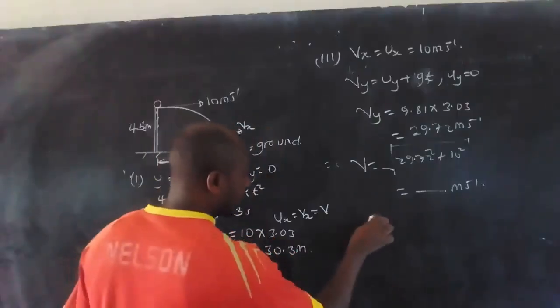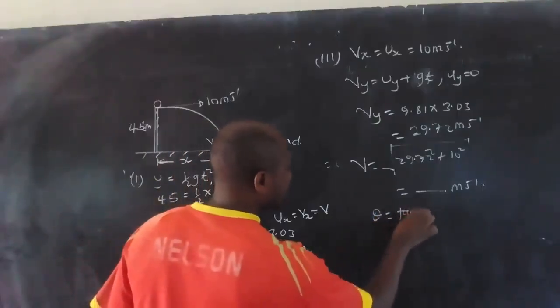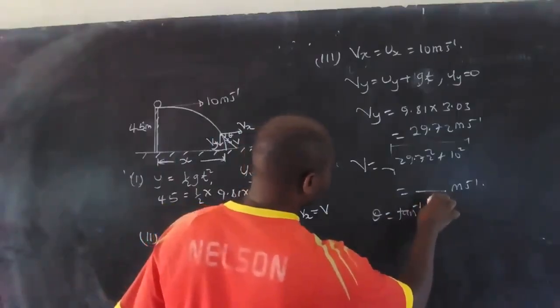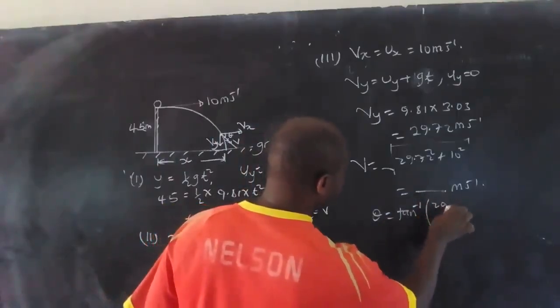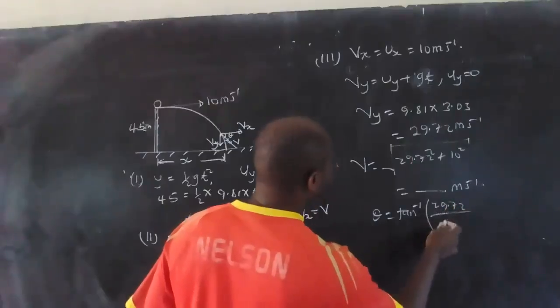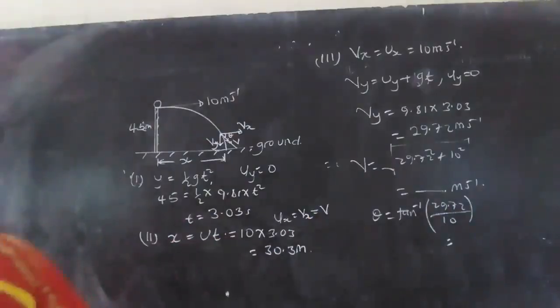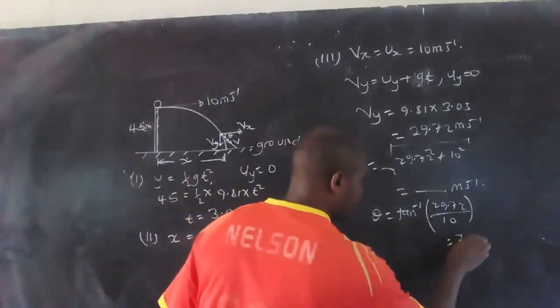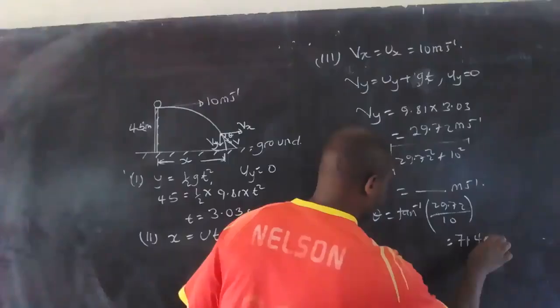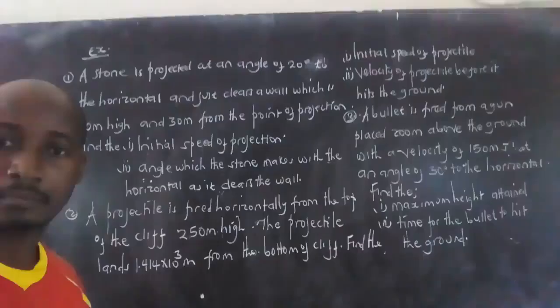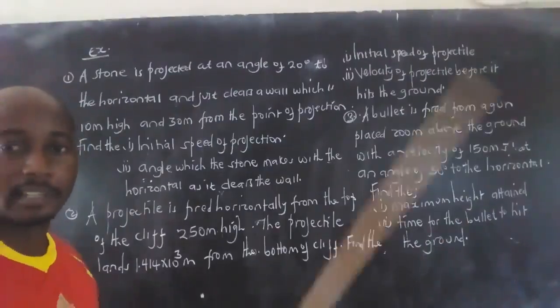Then we say the direction theta is equal to tan inverse of vy over vx, which is 29.72 divided by 10. And this will give us 71.4 degrees. So this is the example.